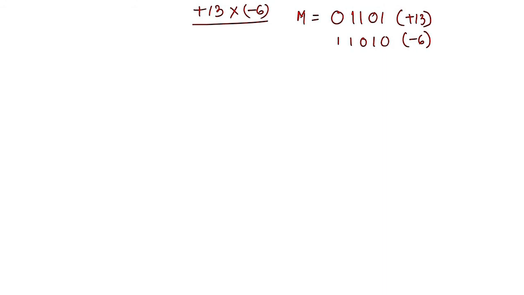As I said, if it is subtraction, then we have to find the 2's complement of this number. So, 2's complement of m, what is that? You take 2's complement: 1 0 0 1 1.